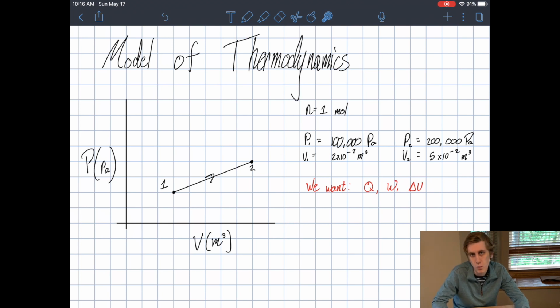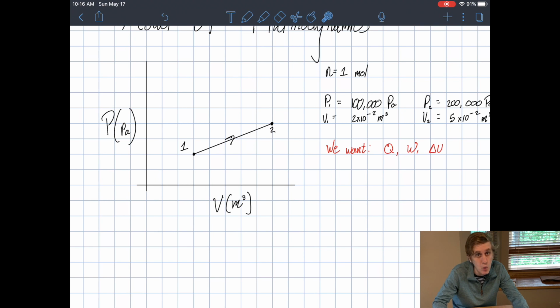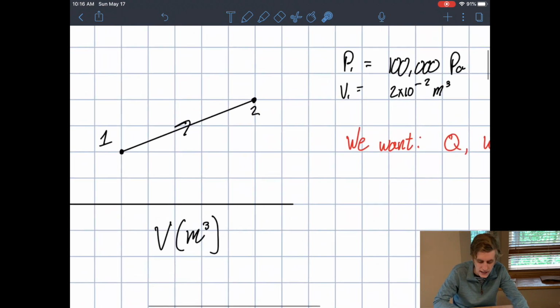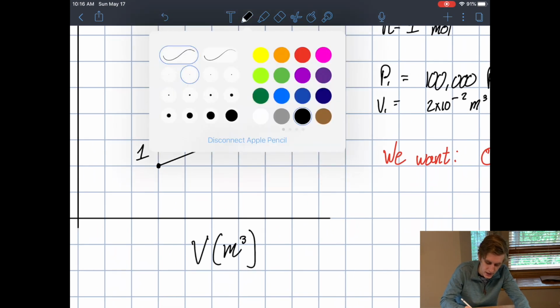We're going to start with work because it's the easiest thing to find with a PV diagram. With a PV diagram, work is just the area under the line. So in order to calculate the work done during this process, we just have to calculate this area.